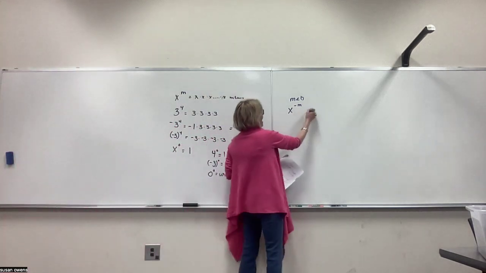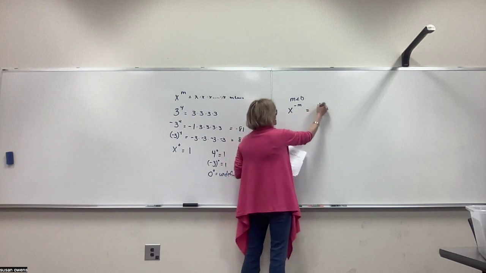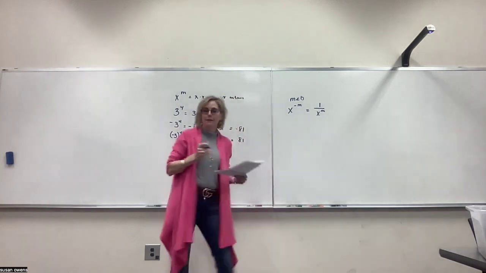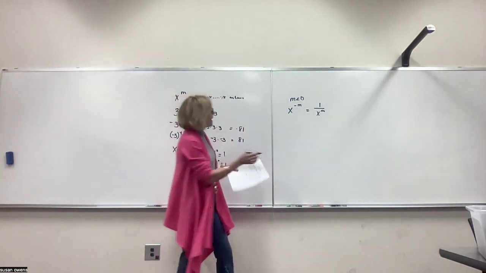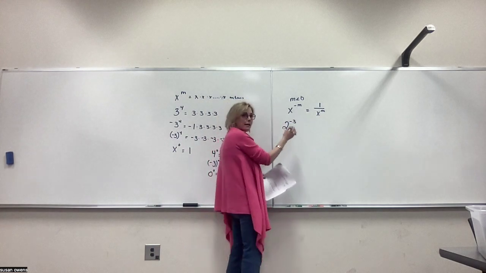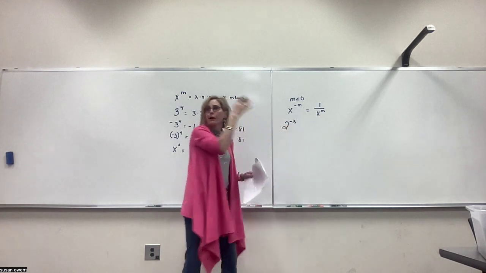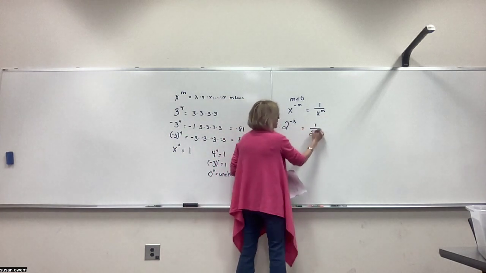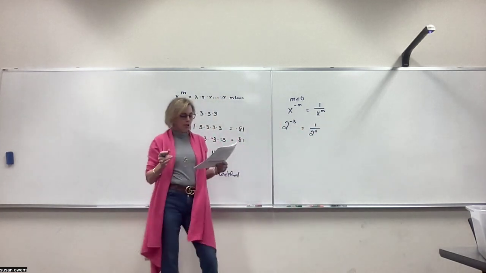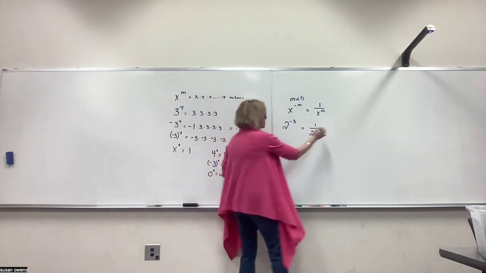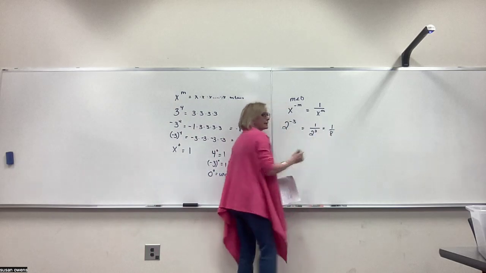So if I have x to the negative m, that's 1 over x to the positive m. If I have 2 to the negative 3, that says, hey, I'm in the numerator, you're in the wrong place. Move it to the denominator. 2 to the 3rd power. Okay, which would be 1 over 8.